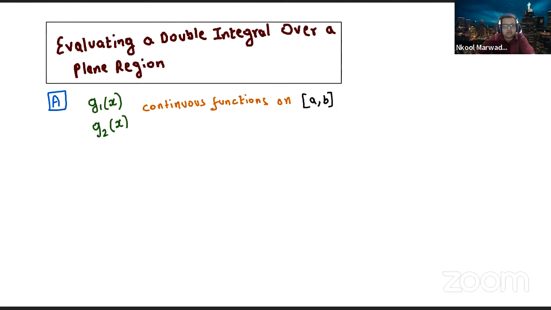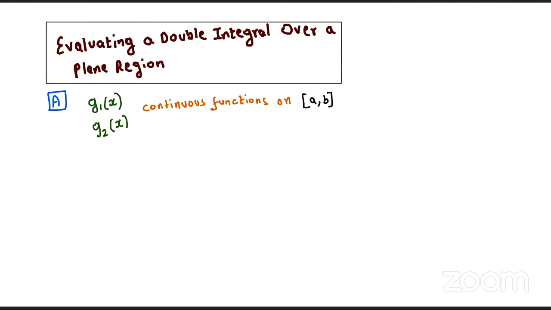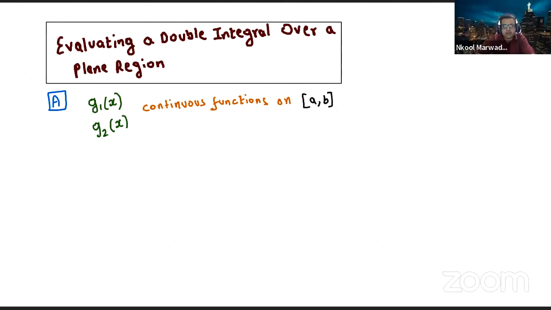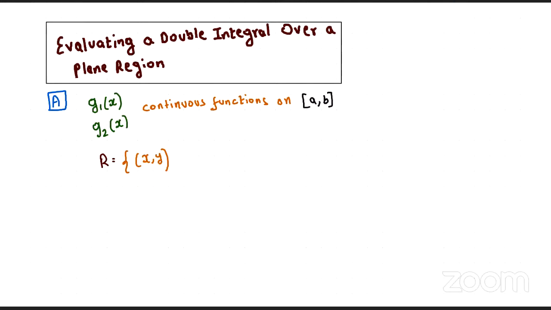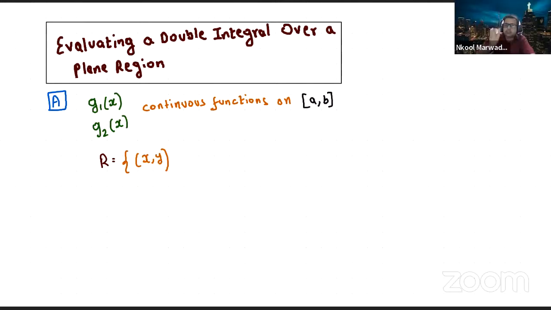And we have a region R that is defined something like this: (x, y), so the region R contains ordered pairs, the position of the point (x, y), such that y is between g1(x) and g2(x).